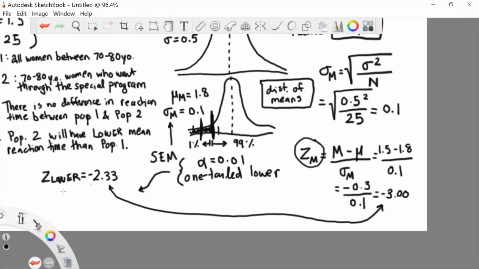Either way, at the very end of the problem, state your conclusion in terms of rejecting or failing to reject the null hypothesis. In our case, should we reject or fail to reject our null hypothesis? Well, I believe we should reject the null hypothesis, because if our sample mean is more extreme than our critical value, that is cause for us to reject the null hypothesis.